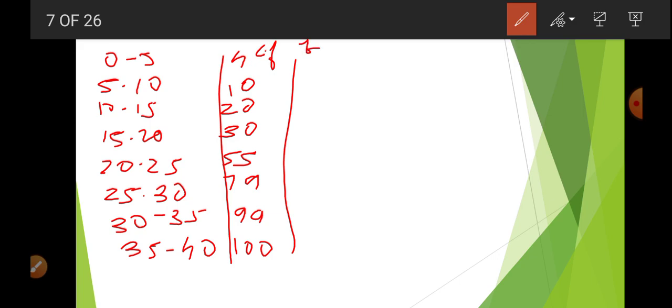In a less than series, to find the frequency, the first CF is written the same way, and then we start to subtract.